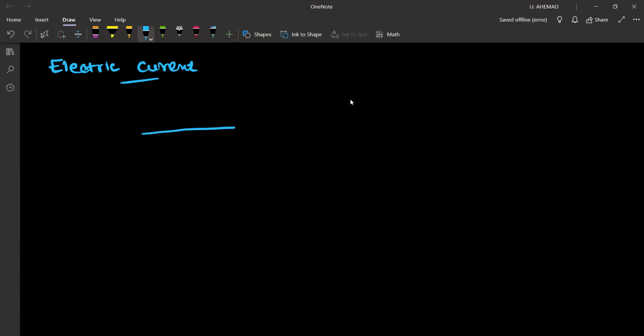If I consider a normal conductor, we are going to have cations. Through those cations, these electrons move.